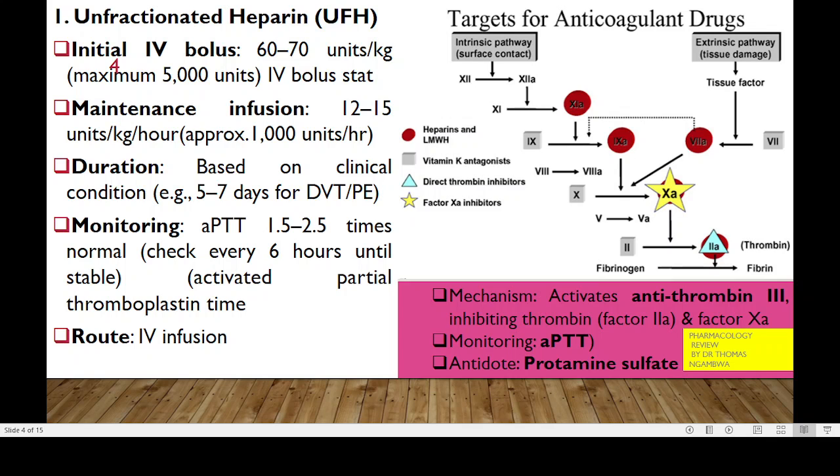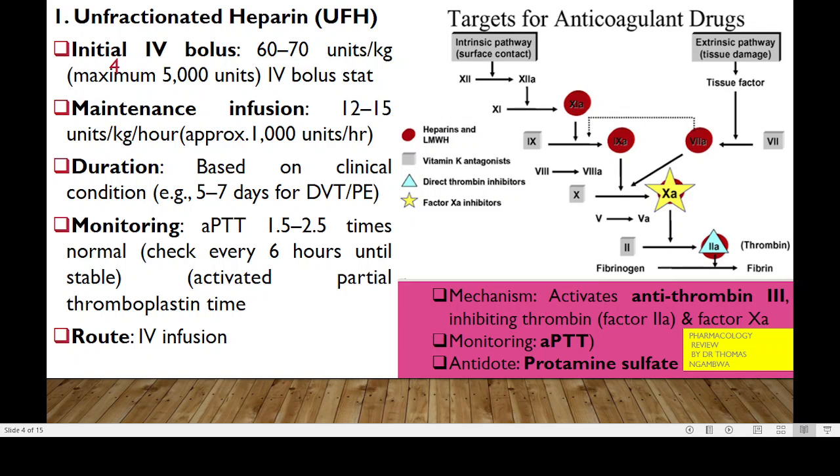Then for the maintenance infusion, you give 12 to 15 units per kg per hour, approximately 1,000 units per hour. The duration will be based on the clinical condition, like let's say it is DVT or pulmonary embolism, you will give it for about 5 to 7 days. For monitoring, you normally look at the APTT, and it should be 1.5 to 2.5 times normal. So you check every 6 hours until stable.